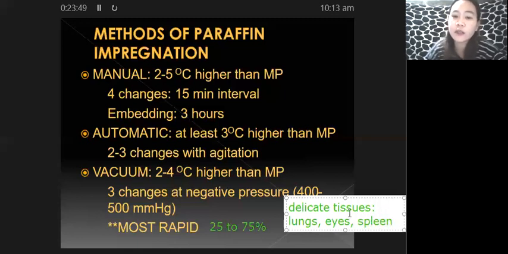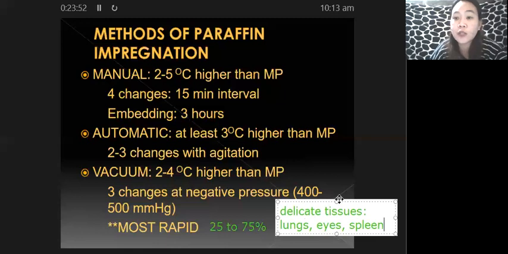These are considered delicate tissues which are supposed to be processed using the vacuum method. They are delicate in the sense that they are more susceptible, more vulnerable, to the effects of heat.